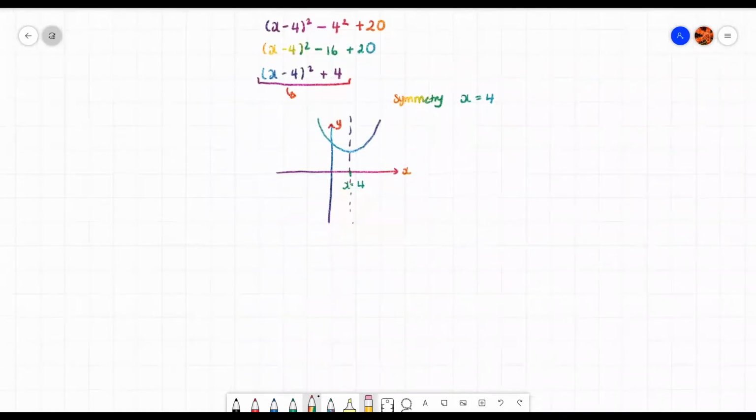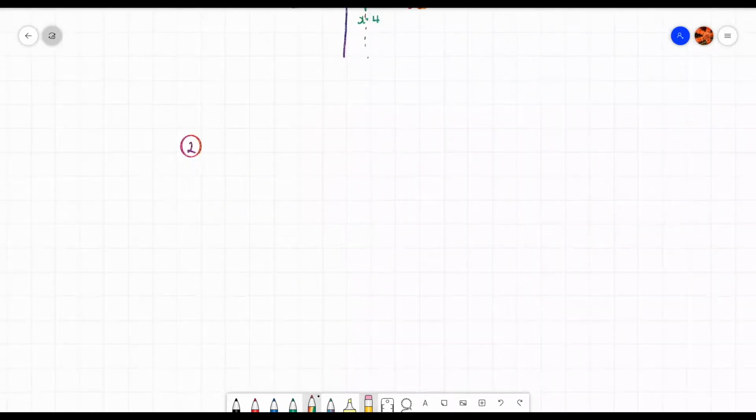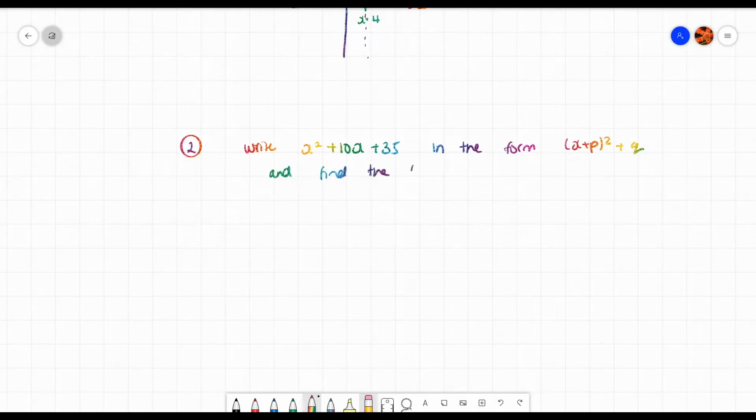Okay, that's what your graph will look like. Let's do another question like this. Move on to slightly tricky questions. Let's do one again to do with symmetry. So we're going to say, x squared plus 10x plus 35 in the form x plus p squared plus q, and find the line of symmetry. So again, let's complete the square.